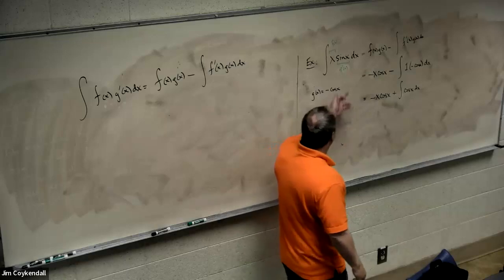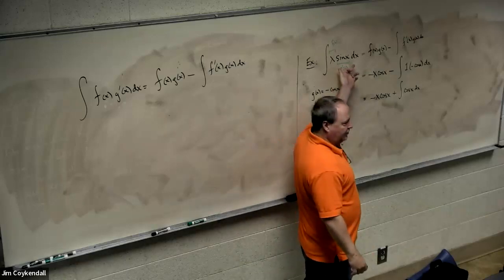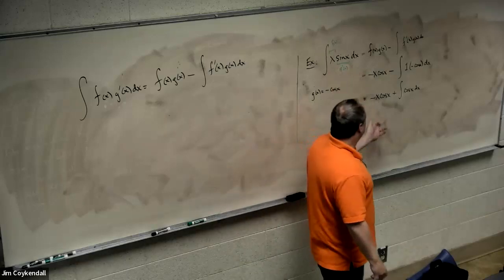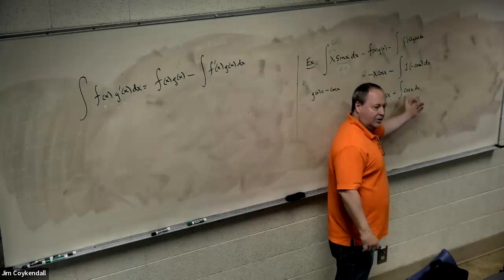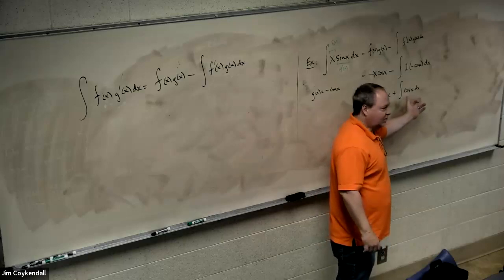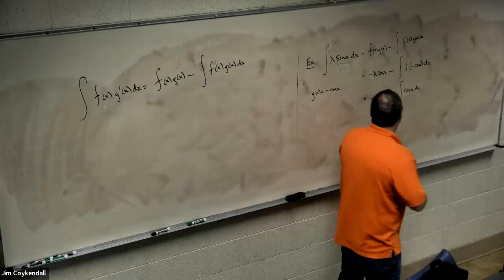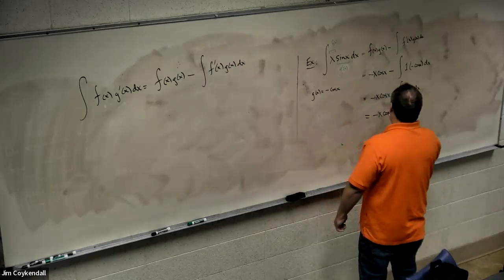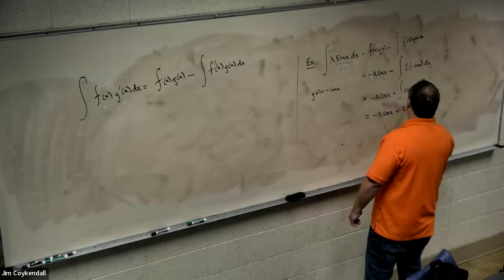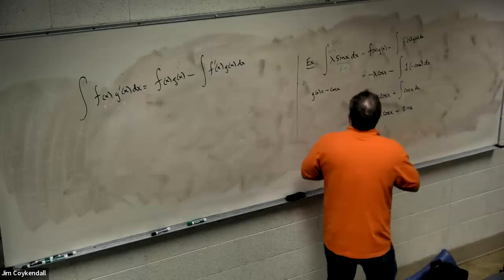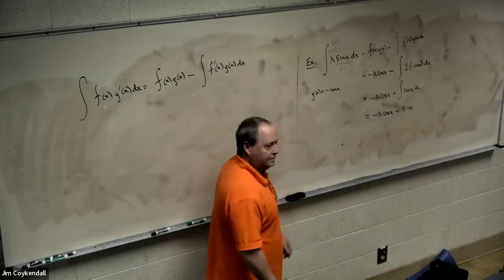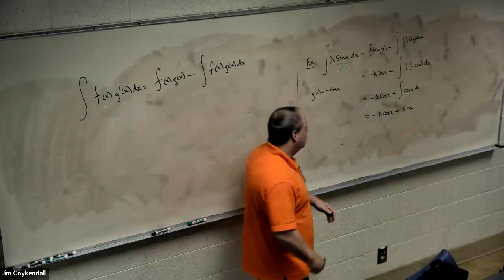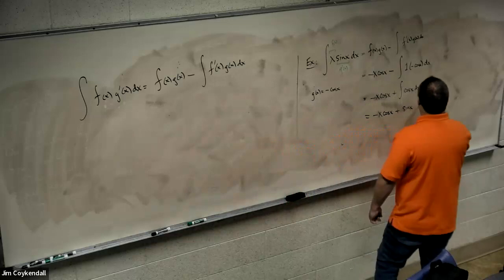Now notice my original problem, integrate x sine x, is very familiar. Parts turns this into, now I've just got to integrate cosine. So this is minus x cosine x, and it's going all over, so plus.